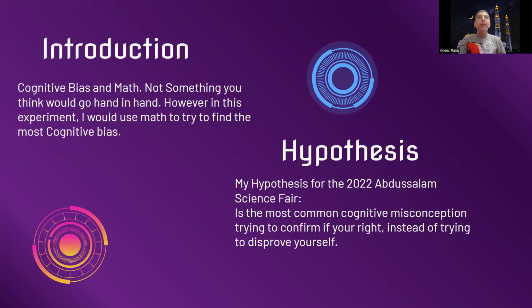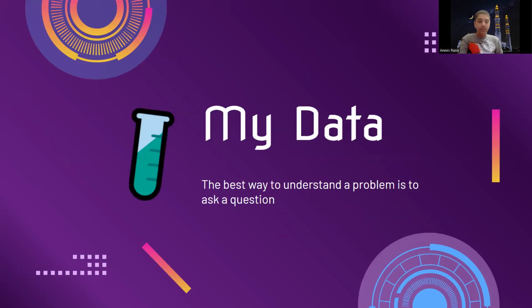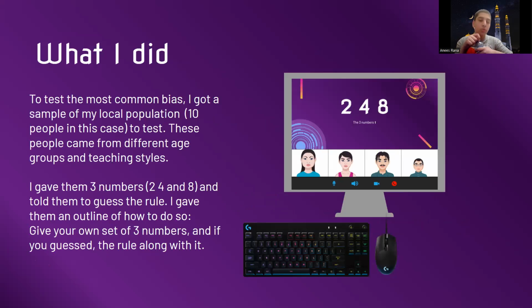Okay, the best way to look at this problem is to first go into the experiment, the data collection I did. Because the best way to understand the problem is to ask a question. Here's what I did. To test the most common cognitive bias, I got a sample of the local population, 10 people in this case, to test.